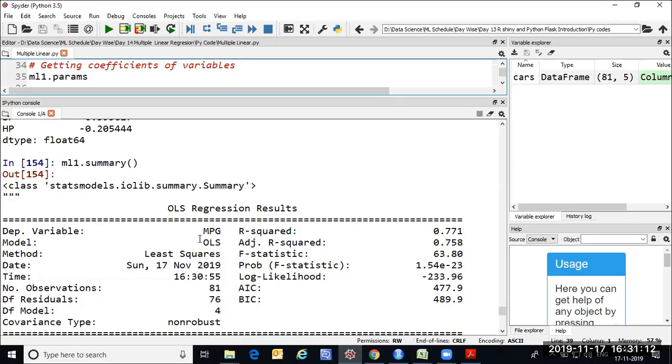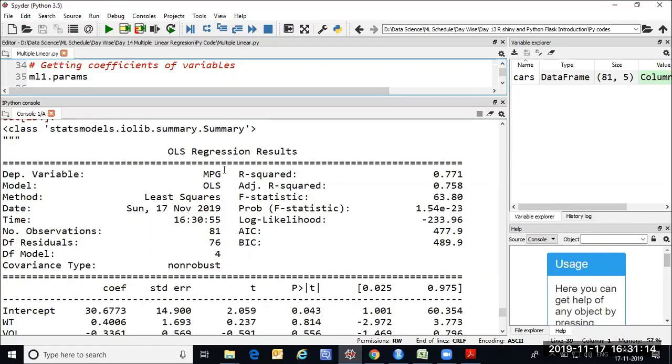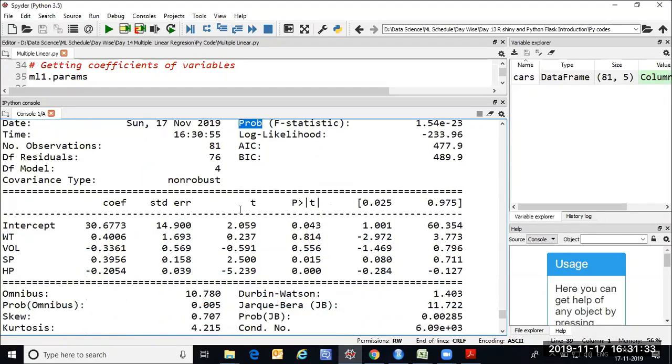It gives the dependent variable, the model that you're using, OLS, the method, least squares, the overall accuracy, R squared value, adjusted R squared value, and the overall model's significance, P value. Are all these variables significant?